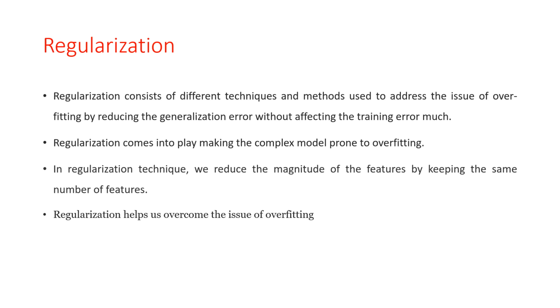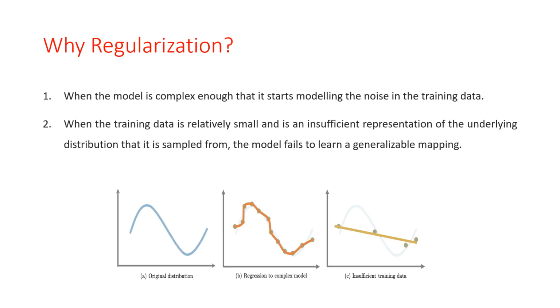So why is regularization required? Regularization is often used as a solution to the overfitting problem in machine learning. The common causes of overfitting are, first, when the model is complex enough that it starts modeling the noise in the training data.